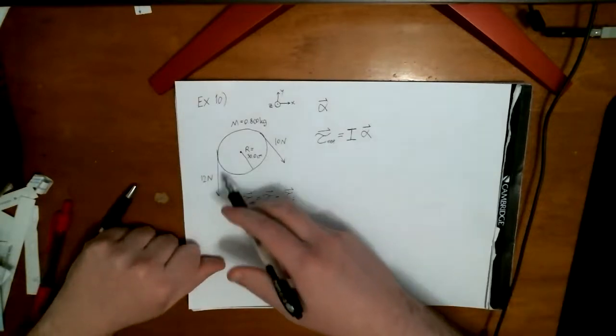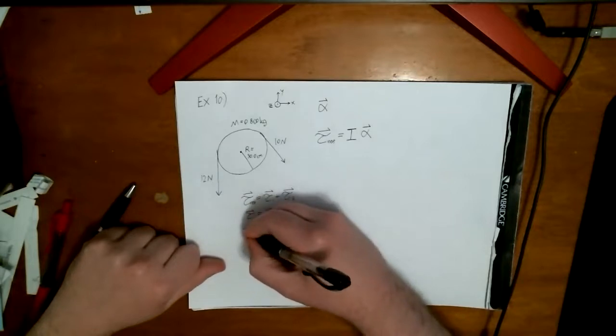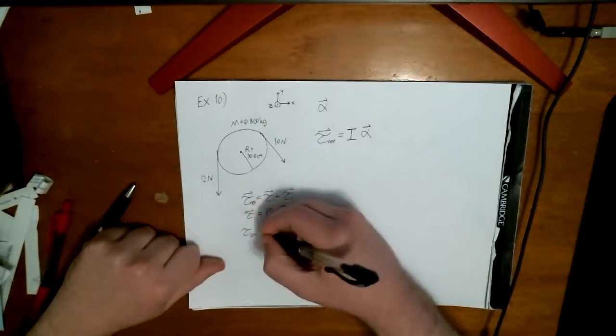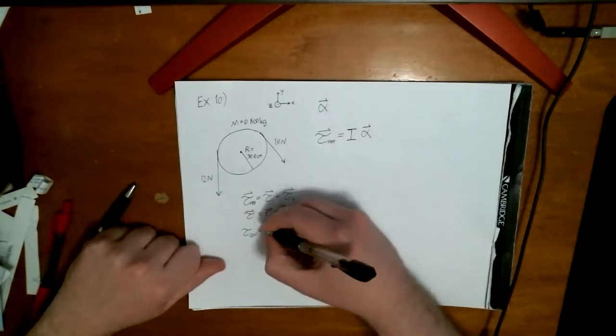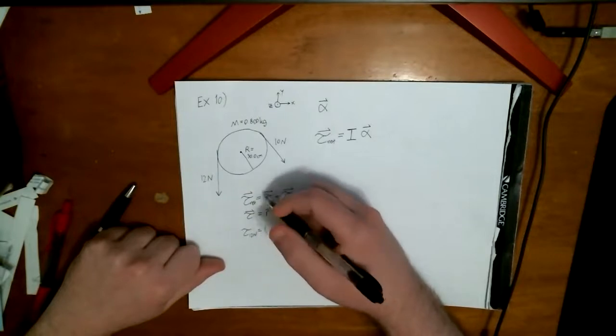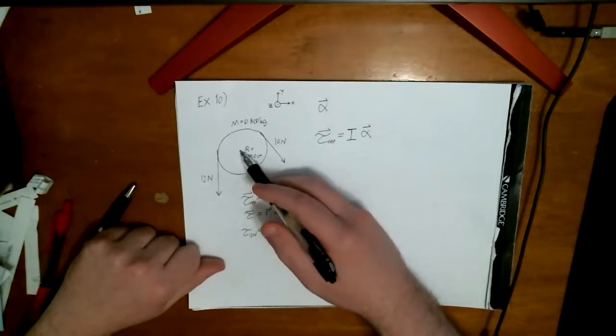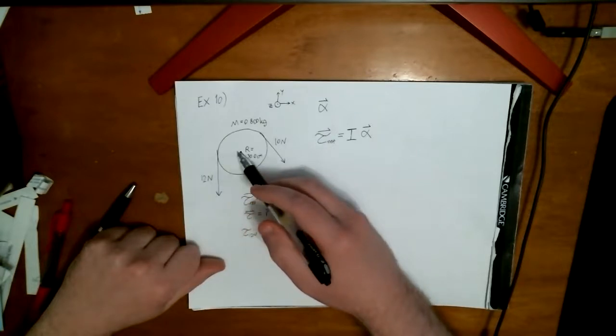So let's take this one over on the left first. The torque associated with the 12 Newton force, we do R cross F. So we'll have the magnitude of R, where R measures from our axis of rotation out to the point where the force is applied.